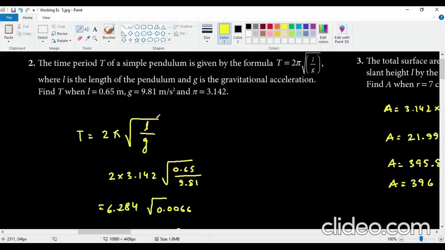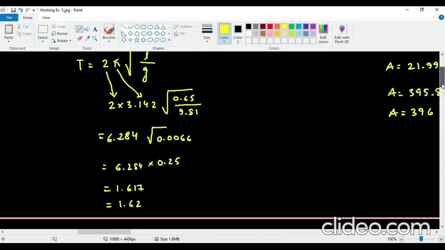I have just substituted the values, the 2 over here and the value of pi like this, and under the root 0.65 over 9.81. Once it is done with the calculator, you will get the value as an answer, something like this. Once you do the calculations in the calculator, you will get 1.617. So easily we can round it off to two decimal places and make it 1.62, which is the final answer.